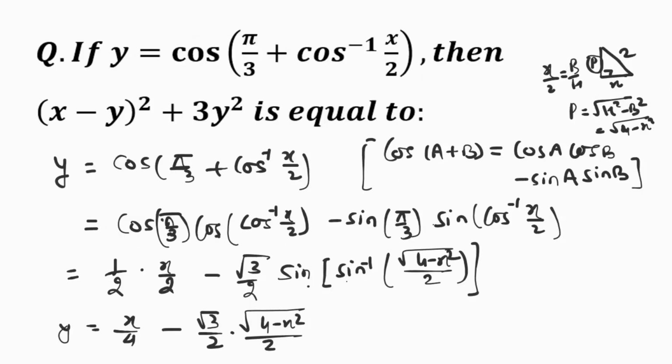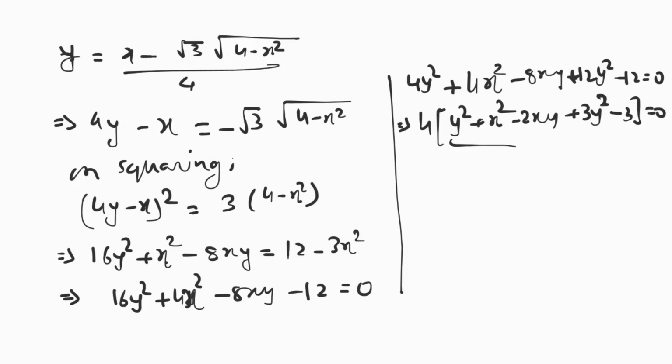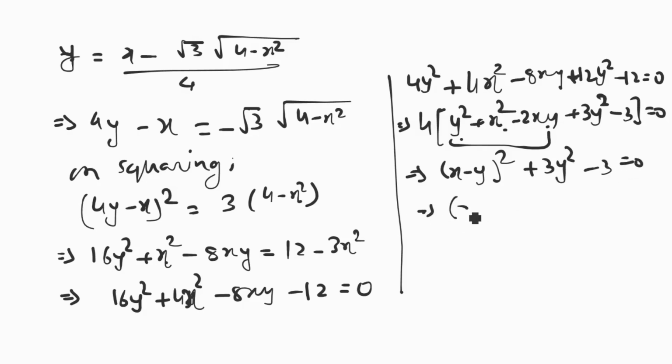We are asked x minus y the whole square, so we can write x square plus y square minus 2xy as (x minus y) the whole square, plus 3y square, minus 3 equal to 0. So this minus 3 will go to the right hand side, and the value of (x minus y) the whole square plus 3y square is equal to 3.